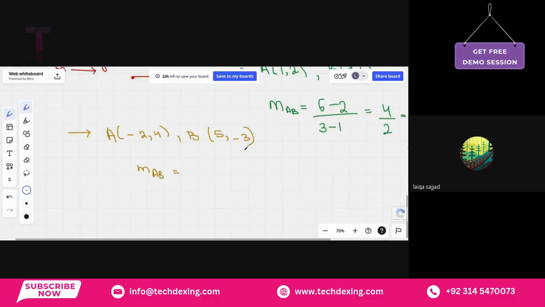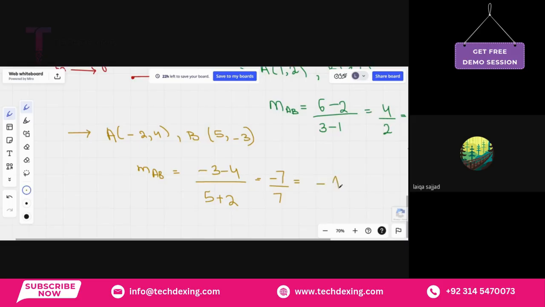So it will be simply minus 3. You have to subtract the y coordinate of the first one, then we will subtract the x coordinate of the first from the x coordinate of the second point, which is 5, minus minus 2, so minus minus will give you plus 2, and it will simply become minus 7 by 7, and it will be minus 1.